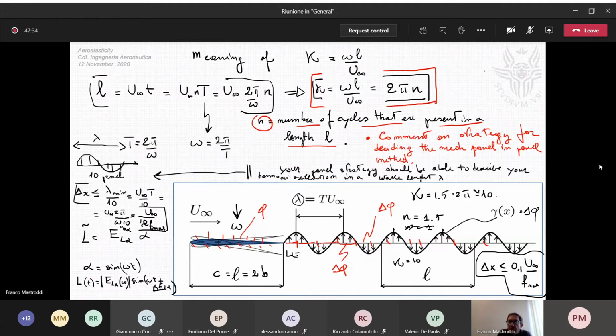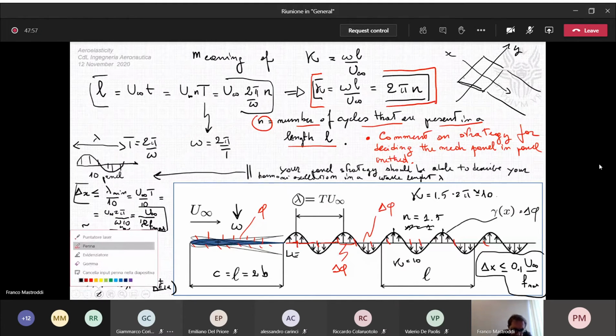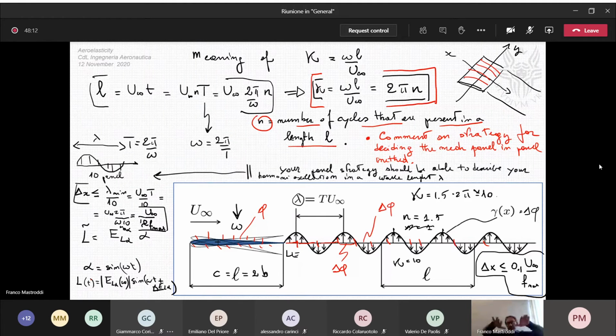So when you are studying a steady aerodynamic and you have a wing with a wake, the number of panels in the transversal direction, this is the y direction, and this is the x direction, is just dictated by the capability of describing your elastic deformation, so your modes, essentially.